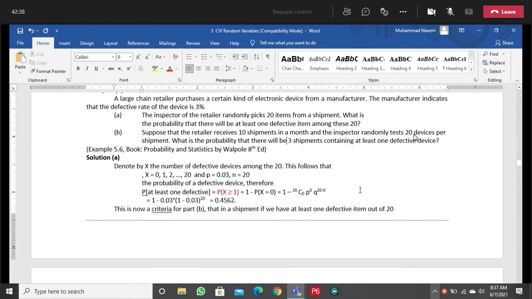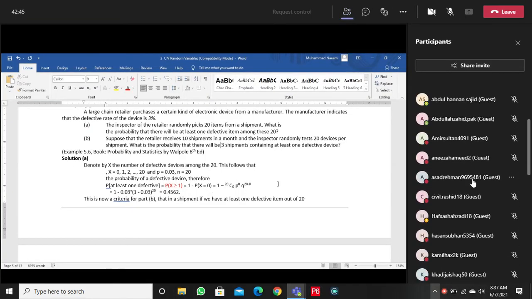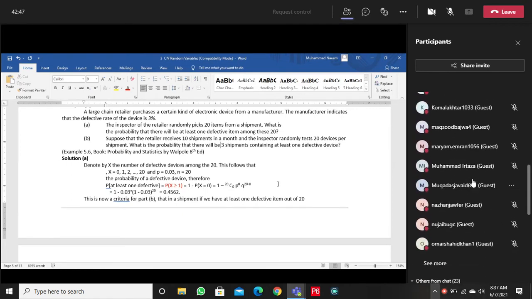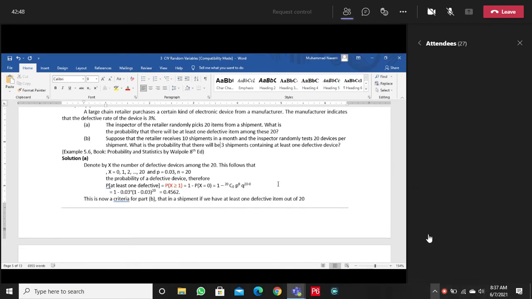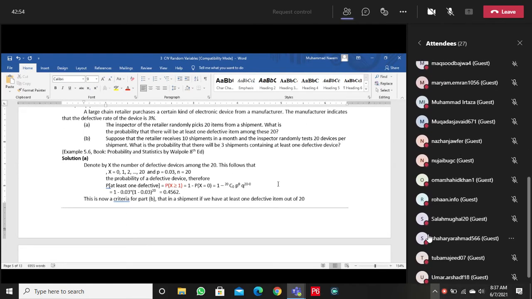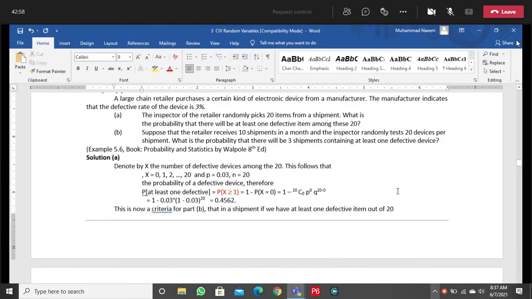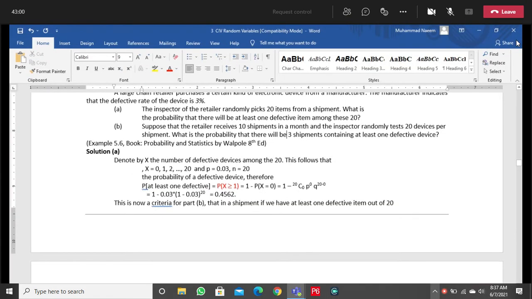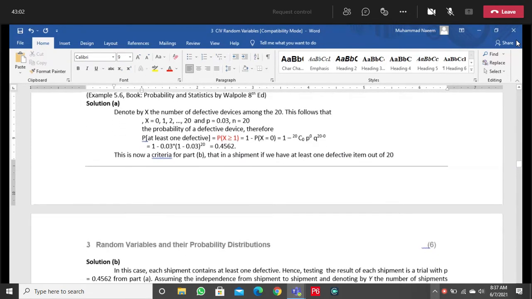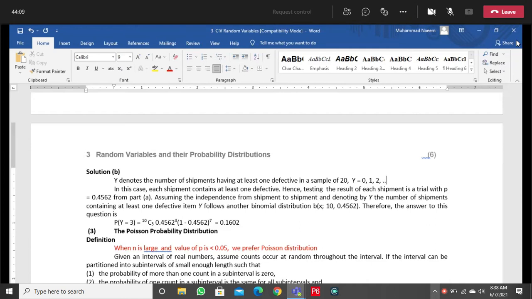Now define your variable according to the requirement of this part. Here we are observing the number of shipments. So our variable in this case will show the number of shipments. As 10 shipments are selected, the range for this variable will be 0 to 10.